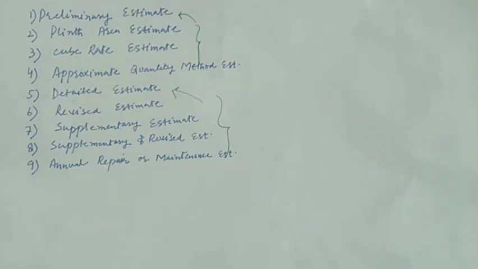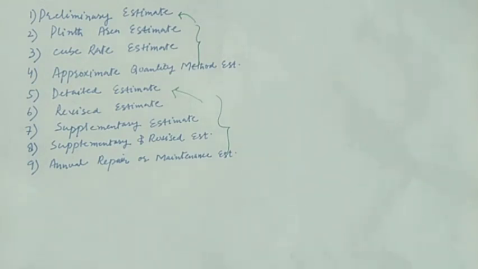It is basically required for the preliminary studies of the various aspects of the work or any project to decide its financial position and the policy for administration sanctioned by the competent administrative authority. Preliminary estimate is based on the practical knowledge of the engineer and the cost of similar work.